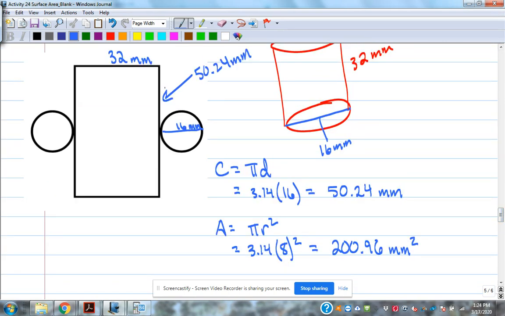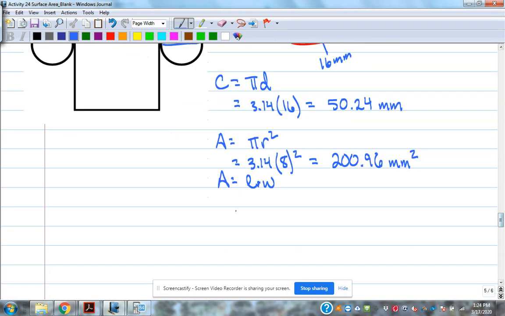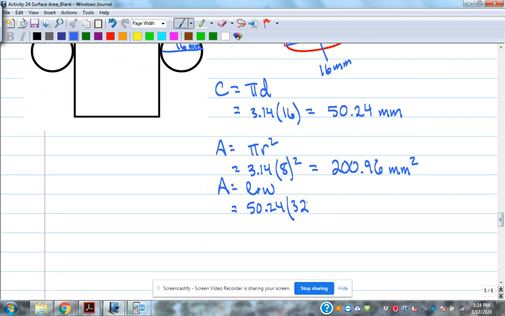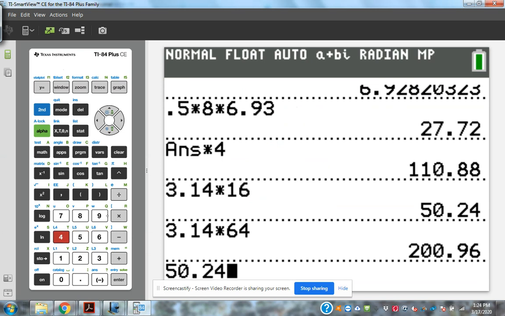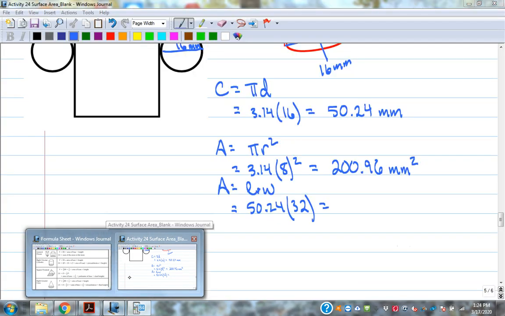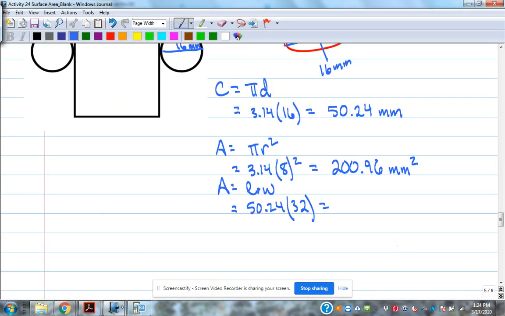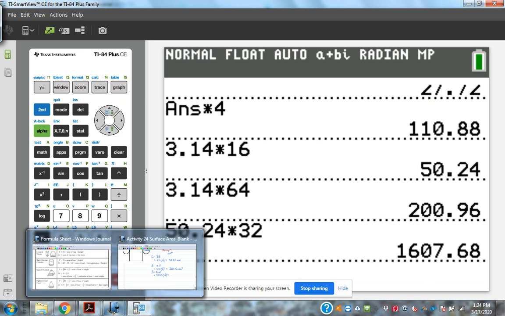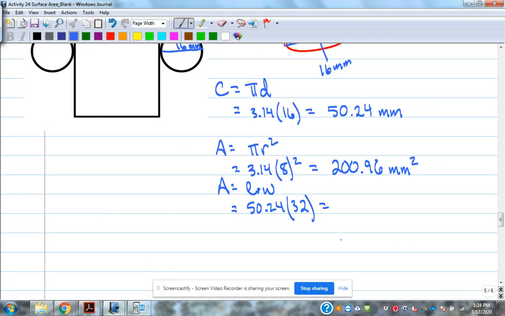And then the rectangle is going to be length times width. And our length is that 50.24. Our width is the 32 that we knew about. 50.24 times 32. 1607.68 square millimeters.